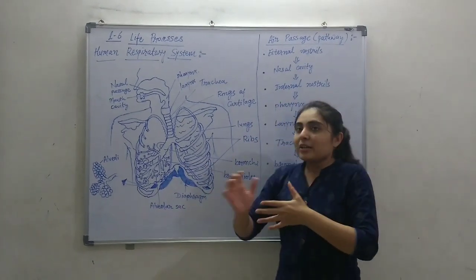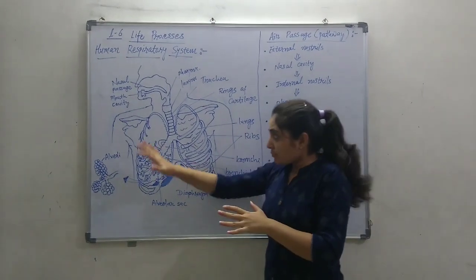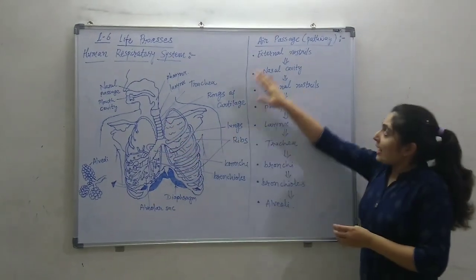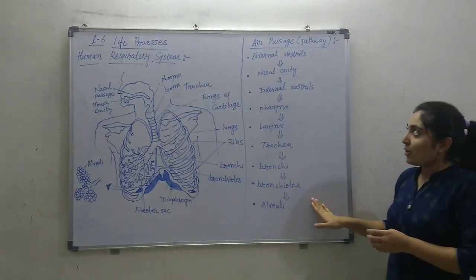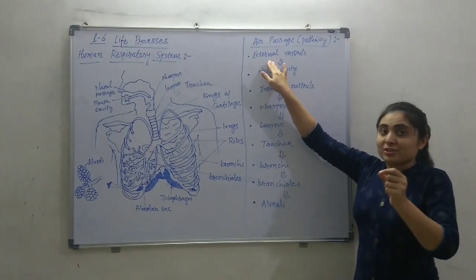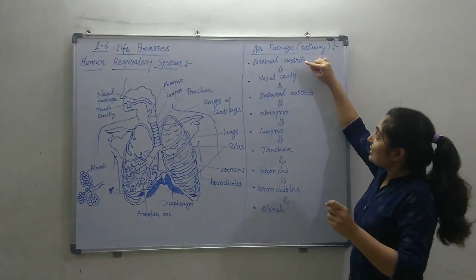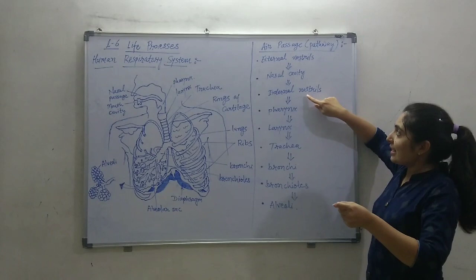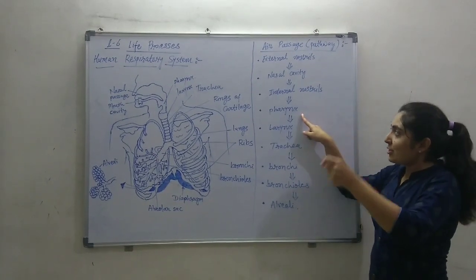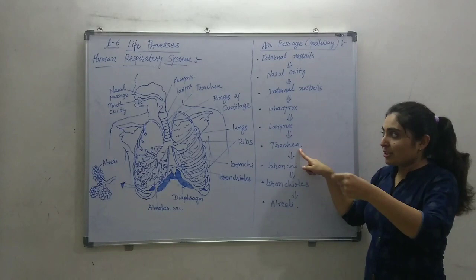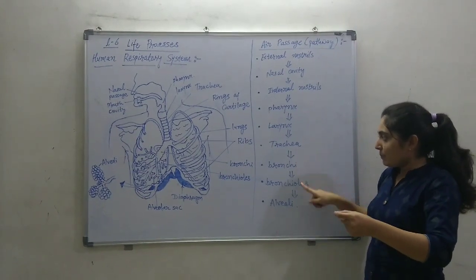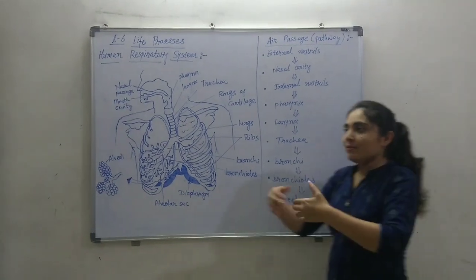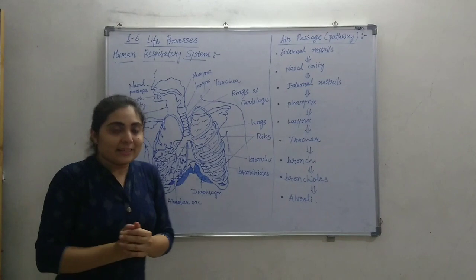So this gaseous exchange is provided by the respiratory system. The air passage inside the human respiratory system is as follows: external nostrils, nasal cavity, internal nostrils, pharynx, larynx, trachea, bronchi, bronchioles, and it ends at the alveoli. At the alveoli, the gaseous exchange takes place.